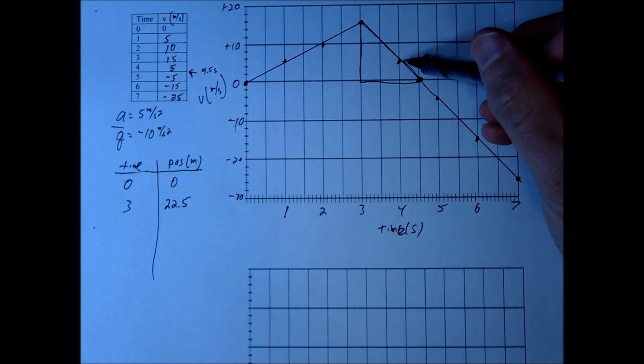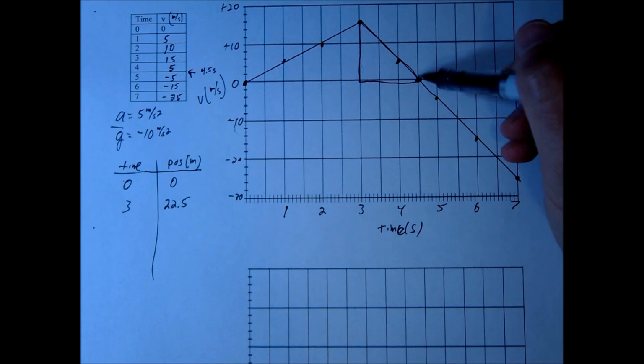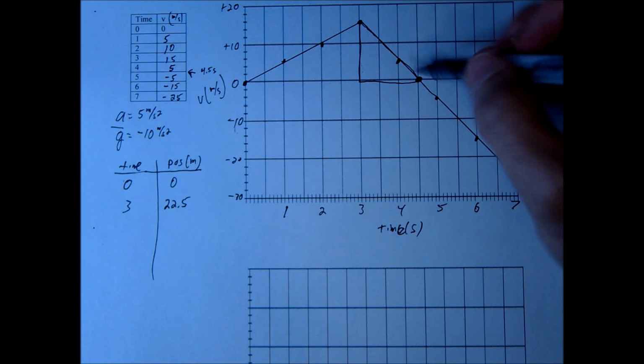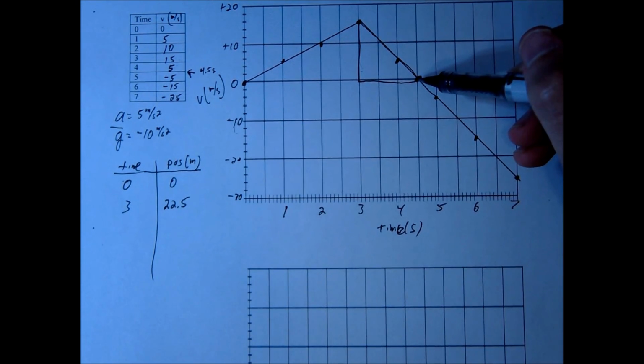Now in this problem, it was fairly straightforward to find where this was. If you didn't quite know how to do that, one of the ways you can figure that out is say, okay, at this point, this is going to be a velocity of 0. I want to find out when that velocity is 0.